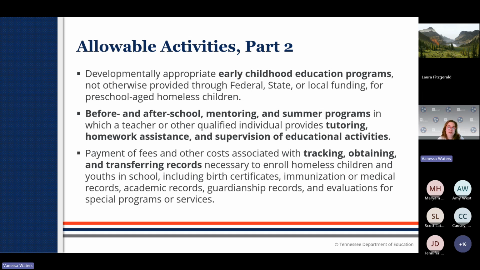McKinney-Vento funds can be used to develop communication tools, resources, again, MOUs if you need to put those in place. Your best practice is to work with your local Head Start programs and collaborate with your pre-K programs and your early education programs. If you're not already connecting with them, it's something to look at when you're looking at your budgets and what you may need to provide.